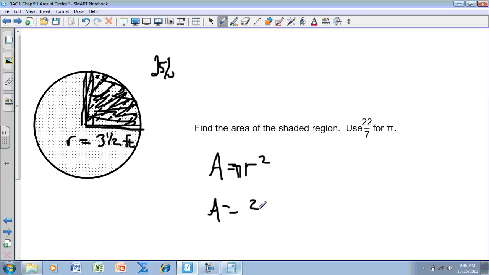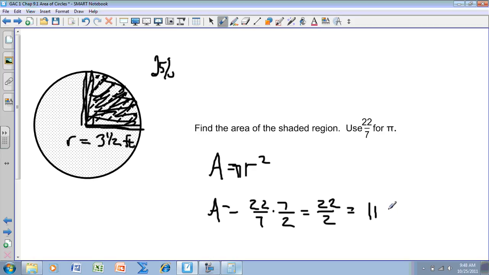So we're going to have 22 over 7, that's pi, times 7 over 2. Hey, that's interesting. What happens to these 7s right here? Well, they cancel out. Leaves us with 22 over 2, which reduces to 11. So the area of the whole circle is 11.